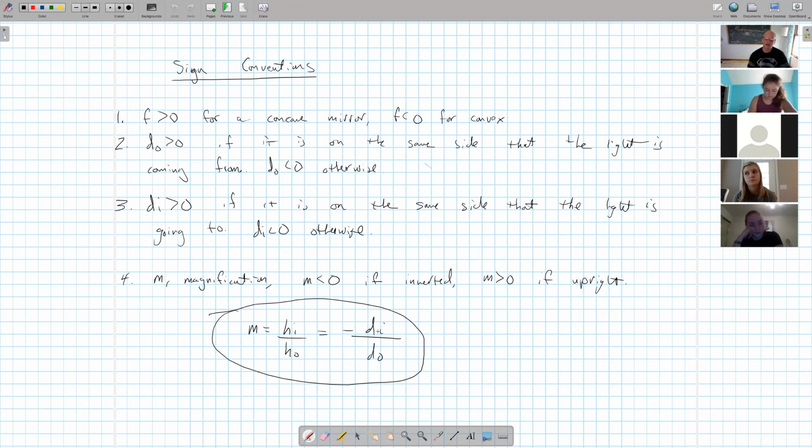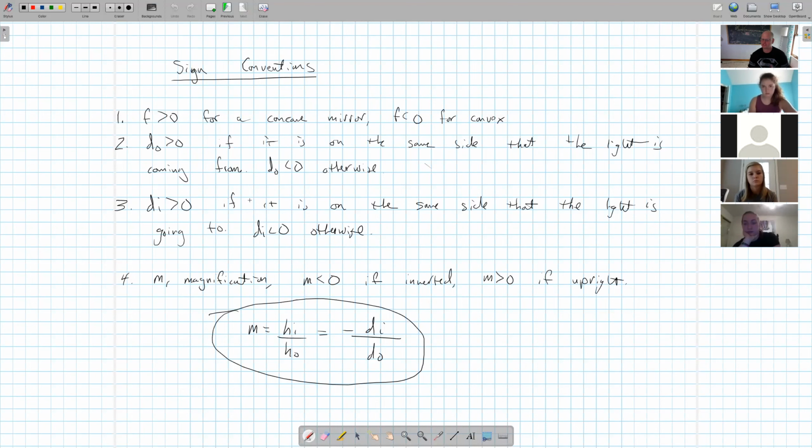But if it was upright, as we saw in those examples, the image distance is actually negative, so I get a negative, which makes that a positive, and this is pretty much always positive, so that's going to make this guy positive. Typically the way this works is to be upright, it's going to be virtual, and to be inverted, it's going to be real.